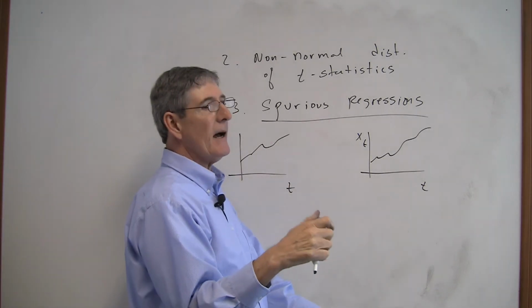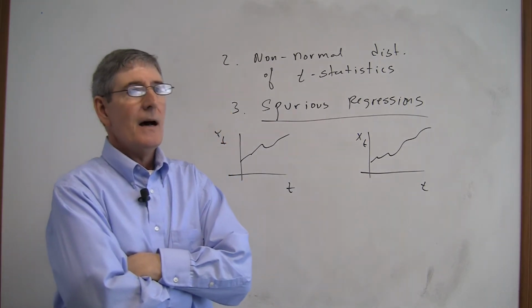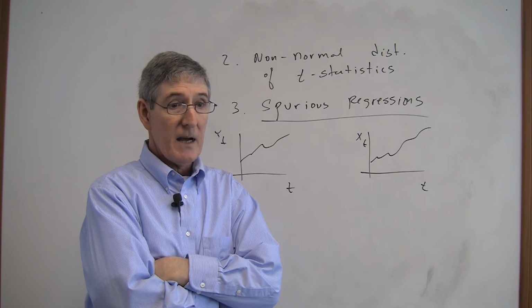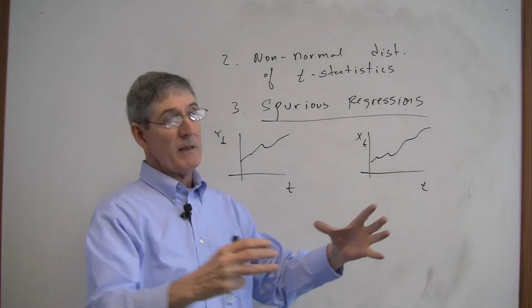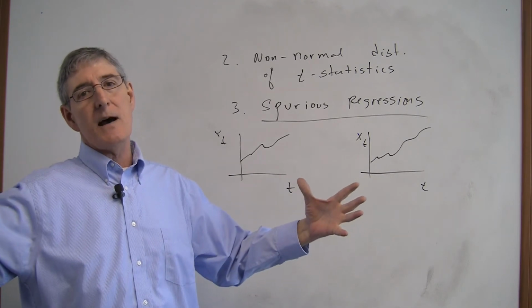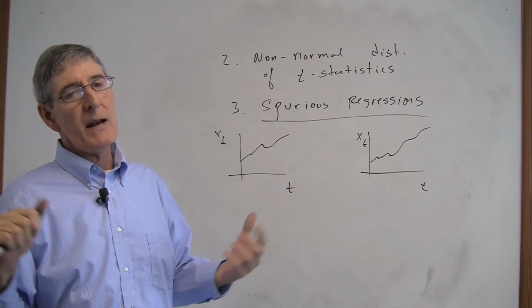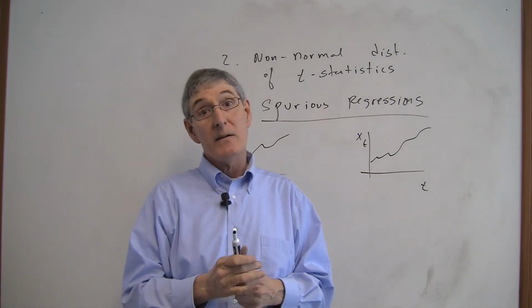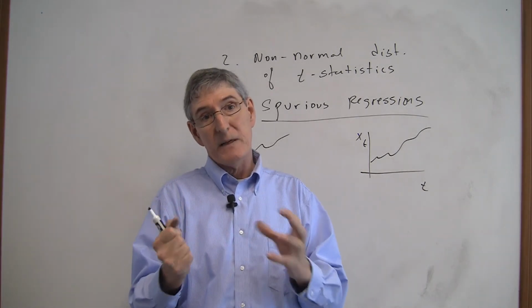I mean, just because, I don't know, what would be a good example? Just because gambling has grown over time in Las Vegas and the number of churches have grown over time, I don't think if I ran a regression of gambling on churches, I would find a significant coefficient because they're both growing.